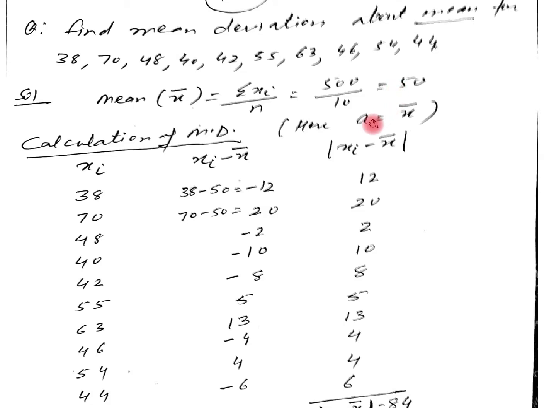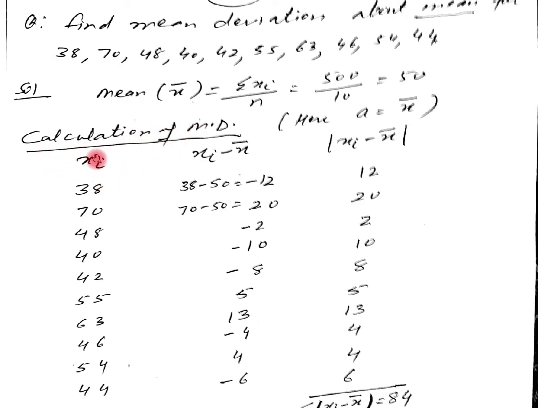Now we have to find out the mean deviation. For calculating the mean deviation, the method is very simple. First, we write down the values of xi that are given in the question. Then we will find out xi minus x bar. It means we have to subtract the mean from each value.